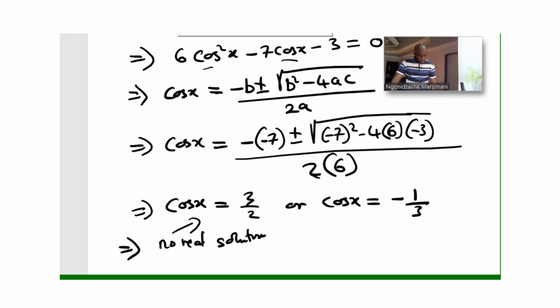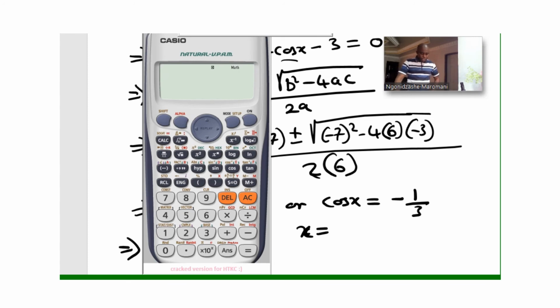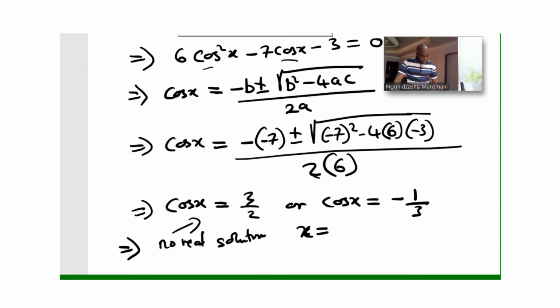Now from there we look at this one, it gives us cos x equal to minus 1 over 3, which means our x will now be equal to, again you must be able to punch into the calculator and find your x. You can check for me, in this case it will be equal to 109.47. That is the angle.